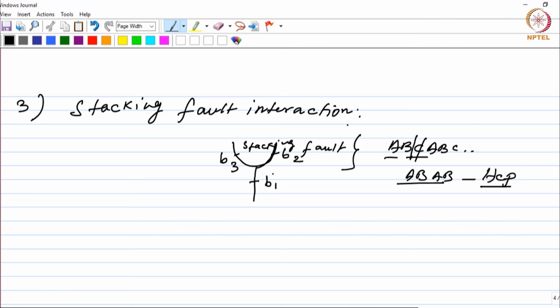So while the lattice is FCC, this is HCP, and therefore the solubility of the solute atoms is quite different in the stacking fault than what you have in the parent metal, right?